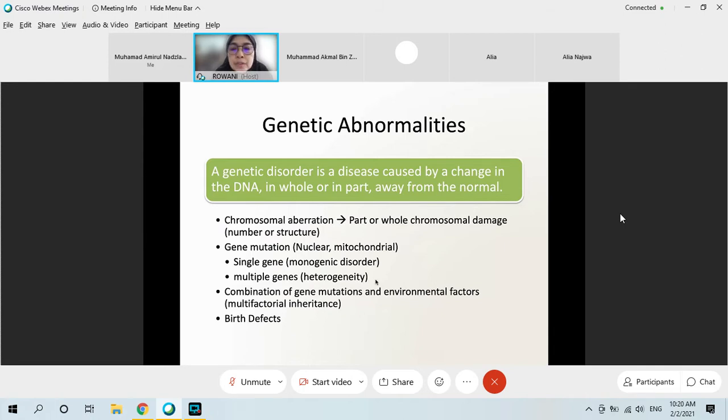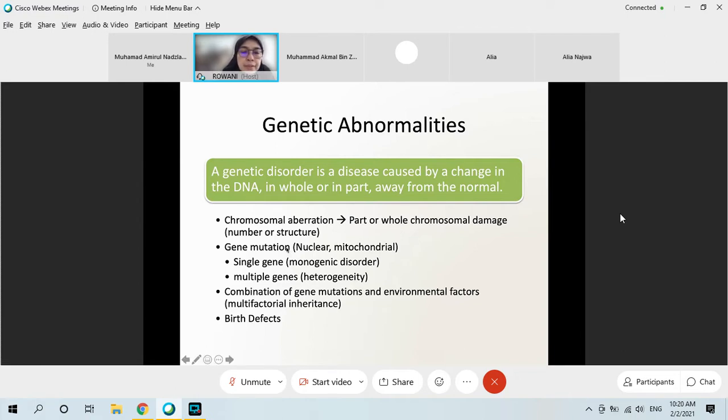That is a genetic disorder. So what sort of genetic abnormalities can lead to genetic disorders? One is chromosomal aberration. Chromosomal aberration is when part or whole of your chromosomes are damaged, whether there is a change in the number or a change in the structure of the chromosomes.